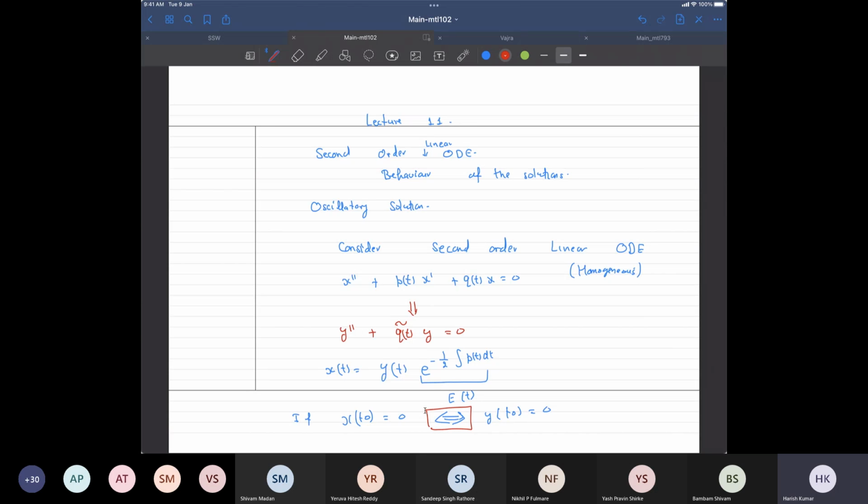When I say x of t naught is 0, it holds if and only if y of t naught is 0. Now let me show you this calculation at least, because otherwise you might feel that something is missing.